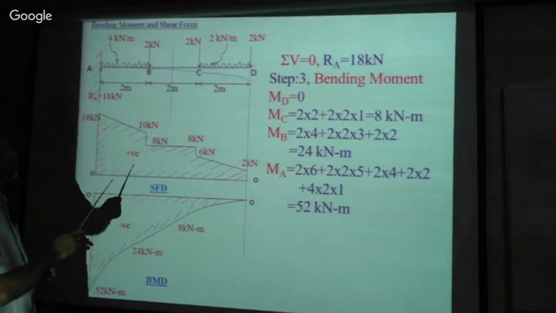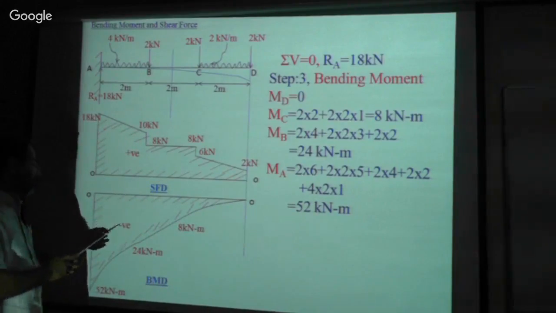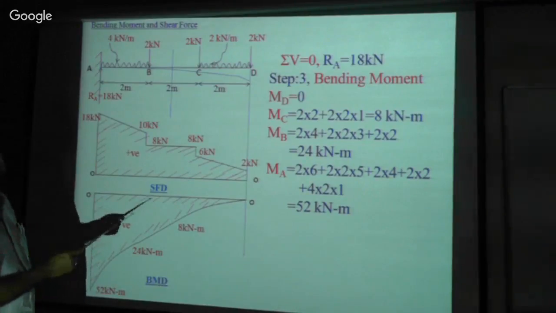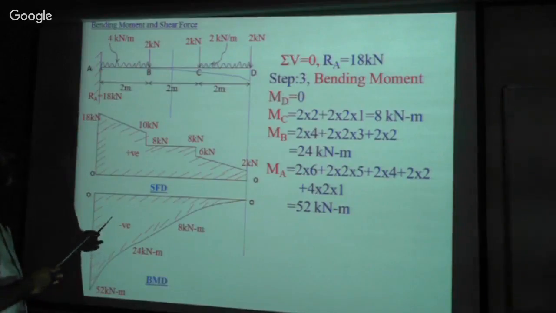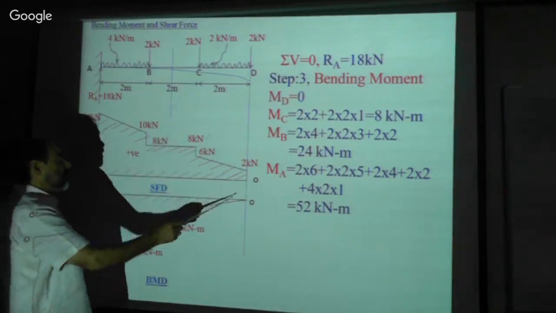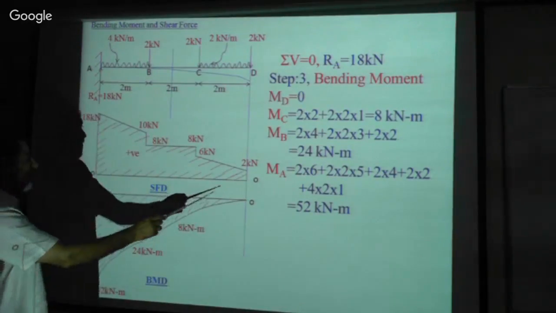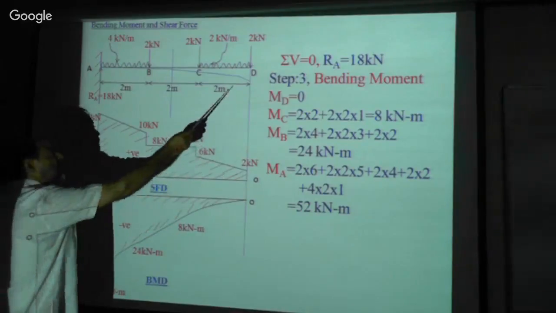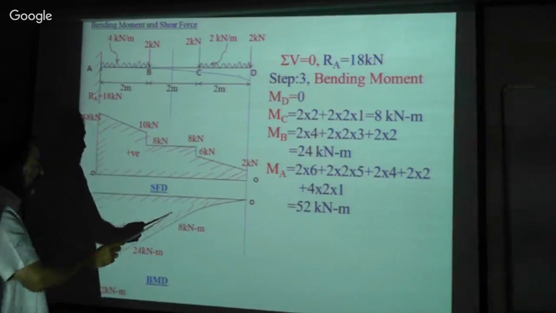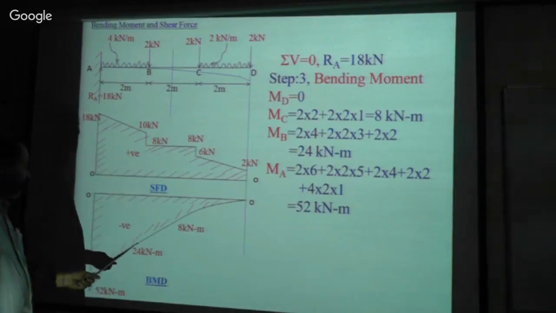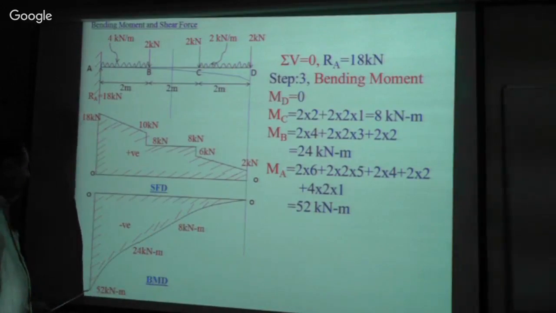And similarly, after calculating this, we need to plot the bending moment diagram. Now what should we do below this? Take a reference 0, and from here to here, what we have calculated: mark 8 kilonewton meter, mark 24 kilonewton meter, and mark 52 kilonewton meter here.